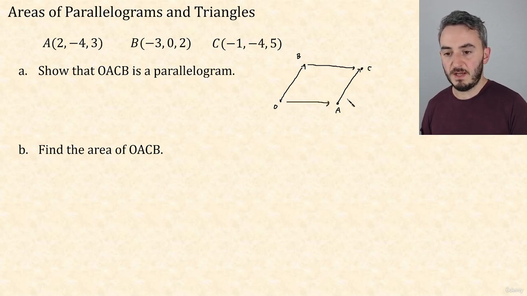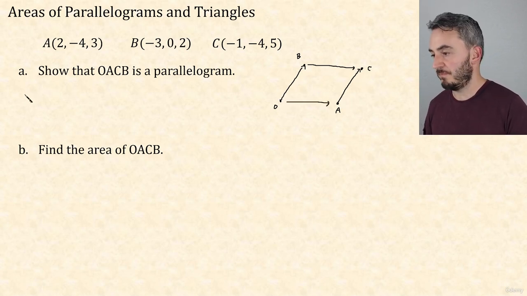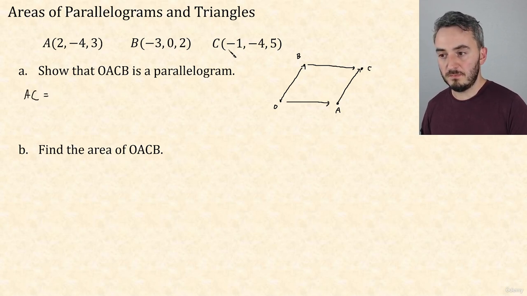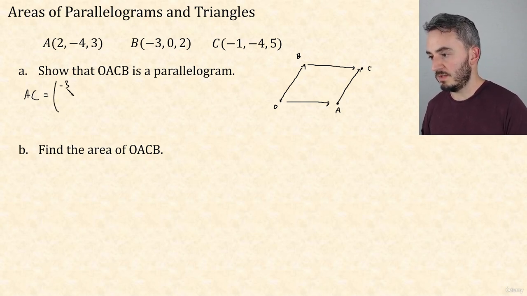So let's find AC first. So AC is just the coordinates of C minus the coordinates of A. So minus 1 minus 2 is minus 3, minus 4 minus minus 4 is 0, and 5 minus 3 is 2. And look, that is the same as OB.